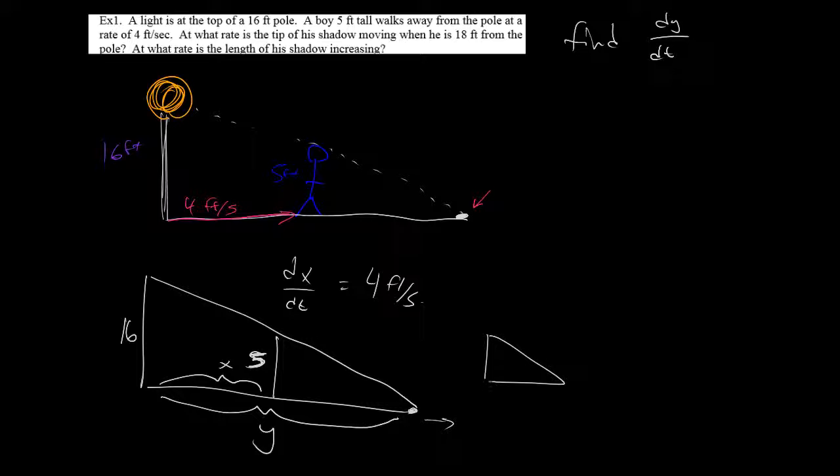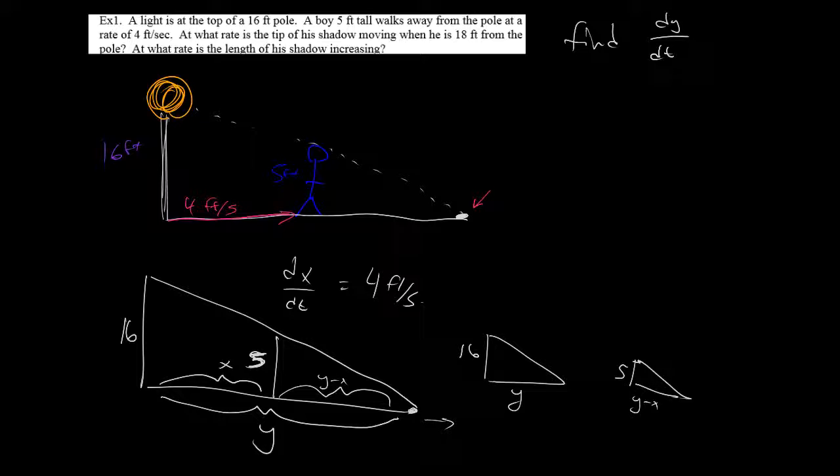So we have 16 and y, when we want to compare it to 5 and y minus x. We'll just call it y minus x because that's this distance in here. It's going to be our y value minus our x value. So we have these two triangles, and we know they're similar because they fit inside each other. So we want to know how they relate to each other.